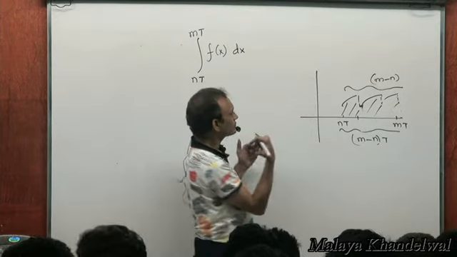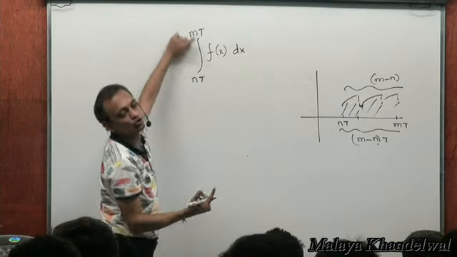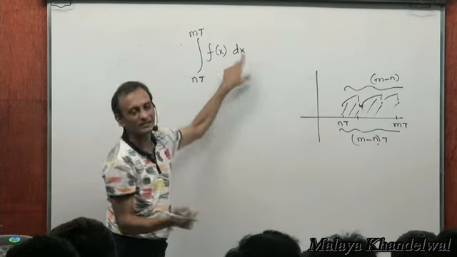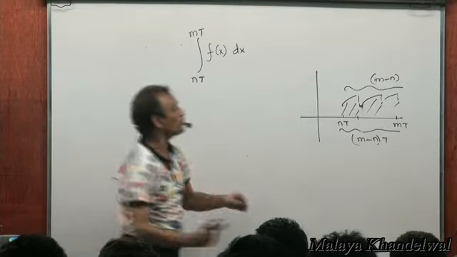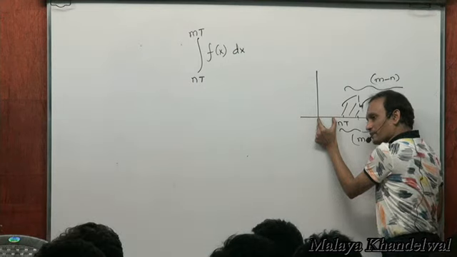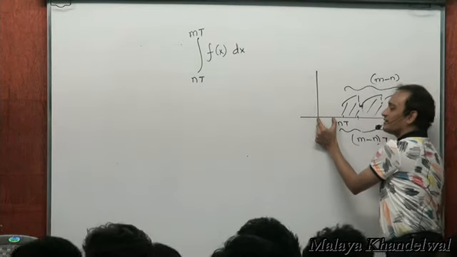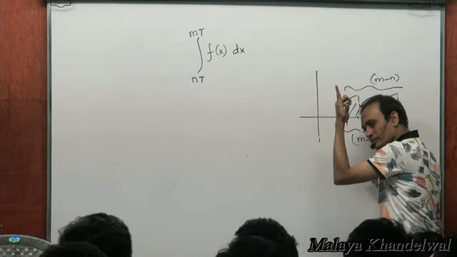So you should expect this to be (m minus n) times the integral from 0 to t of f(x) dx, because each of these is t units, which will be the same as the graph between 0 and t.